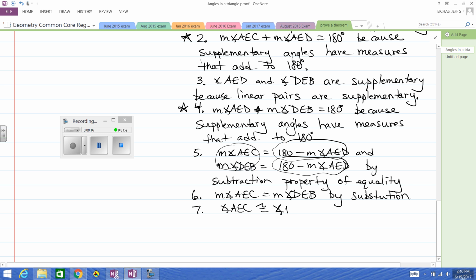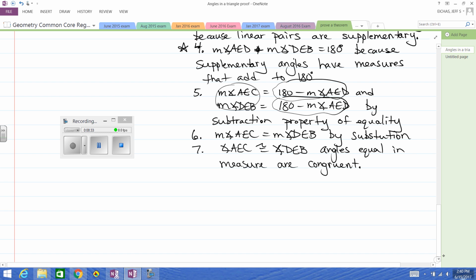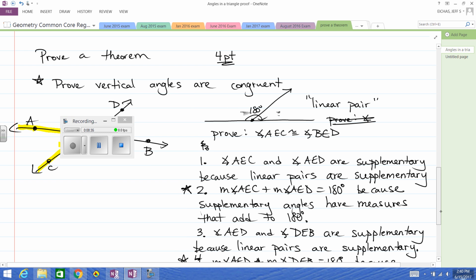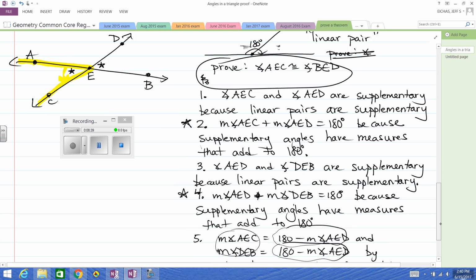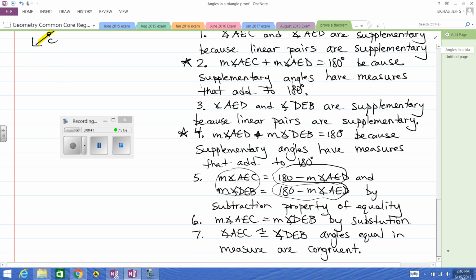It's probably not necessary to do this. If they're equal in measure, they're congruent. Angles equal in measure are congruent. Again, that's probably not a necessary step, but I just wanted to show that, and that's what we set out to prove. There it is. So that's it.